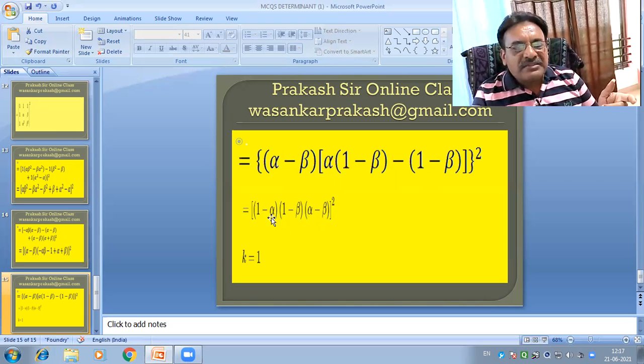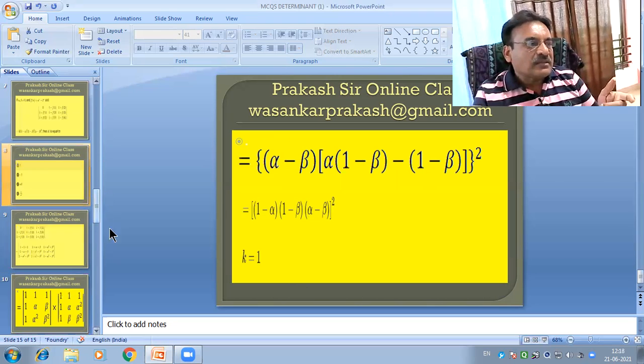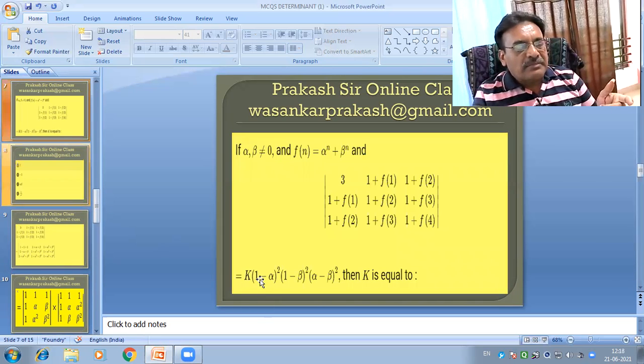And we compare this answer to the right hand sides in the multiple choice questions. Here k times (1 minus alpha) square (1 minus beta) square (alpha minus beta) square. Therefore, the coefficient of (1 minus alpha) square (1 minus beta) square (alpha minus beta) square is k.